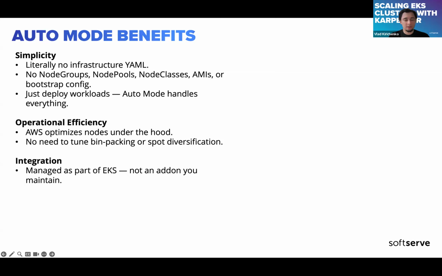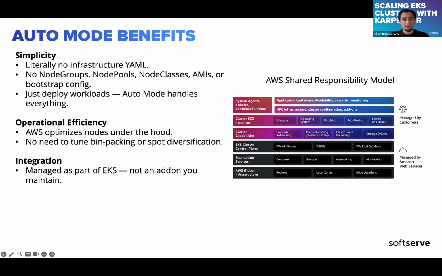So AWS handles everything. And actually, EKS Auto Mode is an evolution of the shared responsibility model that AWS provided in 2017. Back then, AWS said we manage your control plane, and you manage your nodes and application. But with Auto Mode, AWS manages the data plane too.